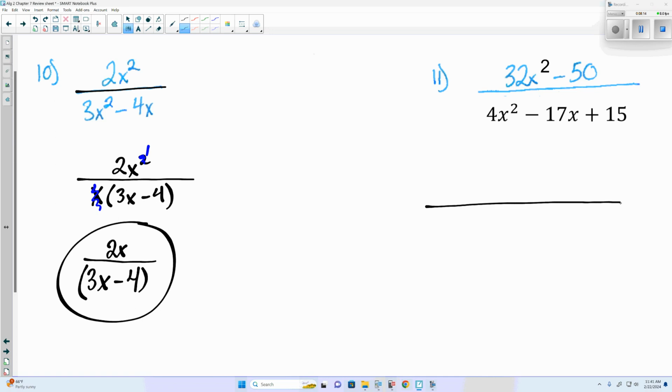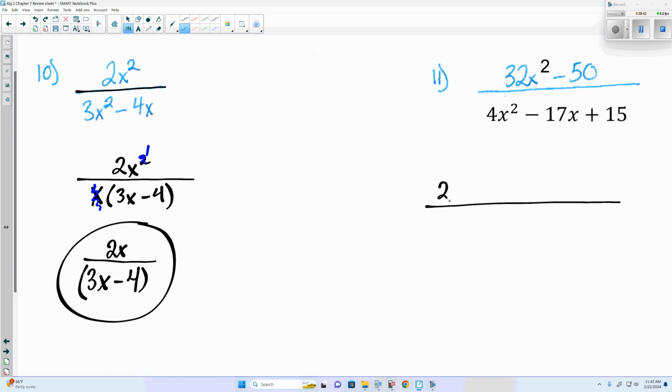Let's look at number 11, 32x squared minus 50 over 4x squared minus 17x plus 15. The denominator, the bottom of that fraction, is there a greatest common factor between our 4x squared, 17x, and 15? No. Is there a greatest common factor on top? Two is, yes?